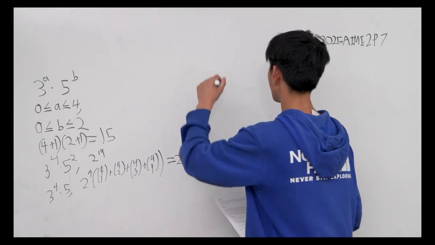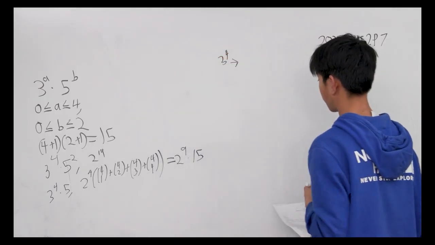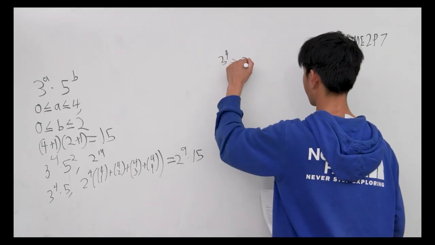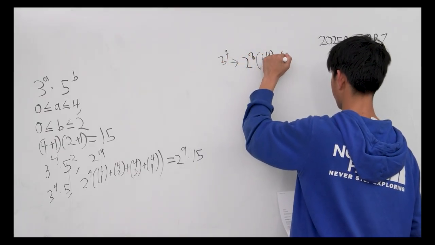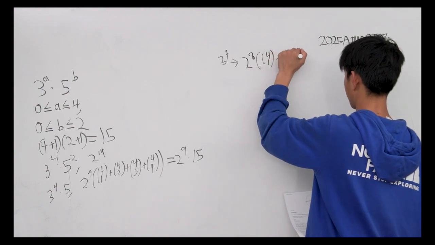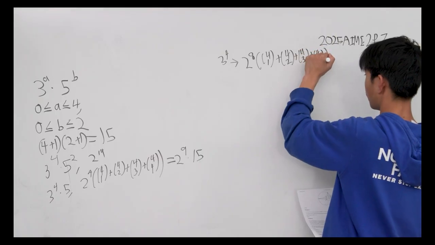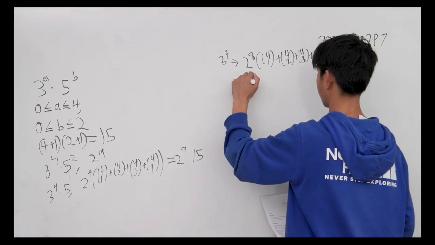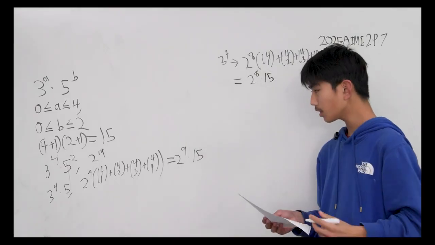Likewise, we can do the same. If we have 3 to the power of 4, we apply the same logic here, and this yields us 2 to the power of 8 times 4 choose 1 plus 4 choose 2 plus 4 choose 3 plus 4 choose 4, which is 2 to the power of 8 times 15.